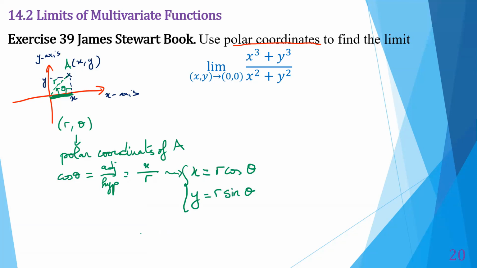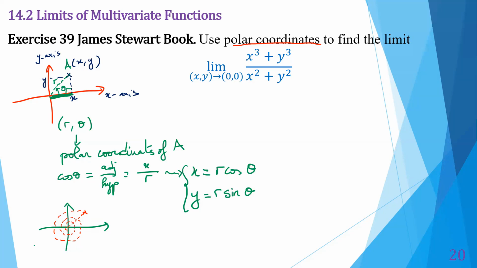Okay, now what happens when xy goes closer and closer to the origin, to the point 0, 0? In polar coordinates, this works by making r go closer and closer to 0.